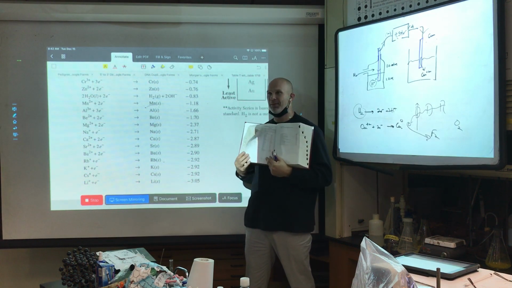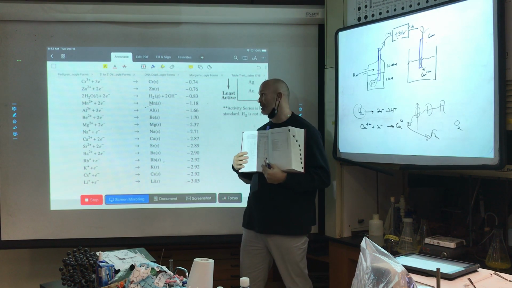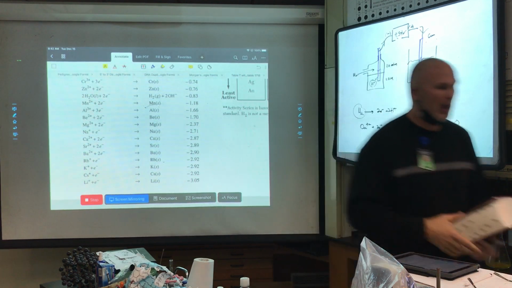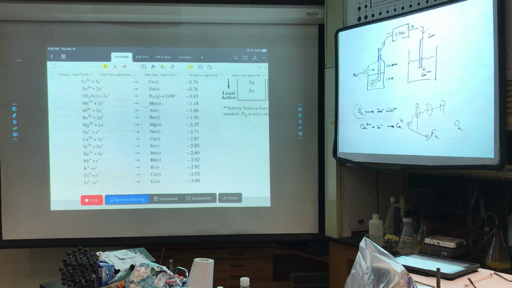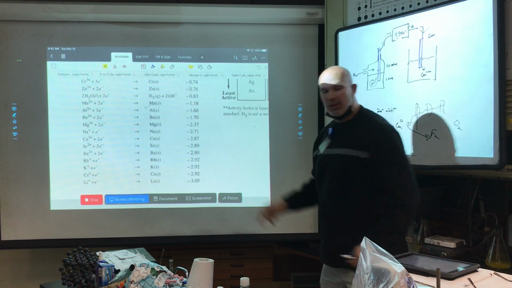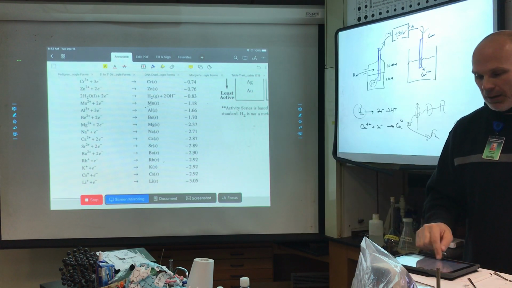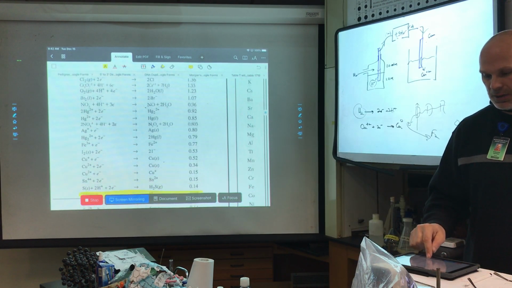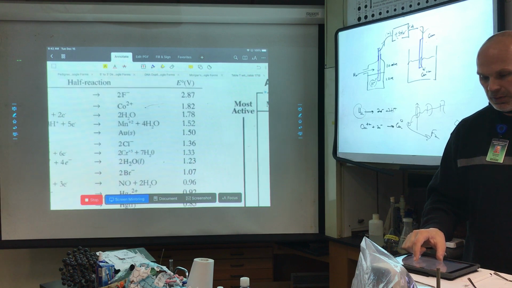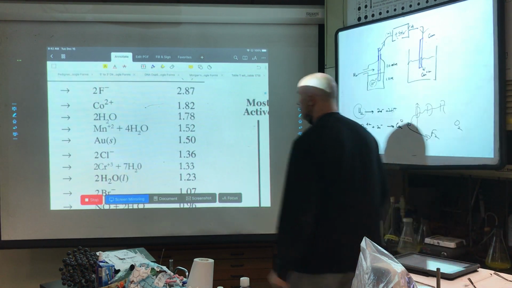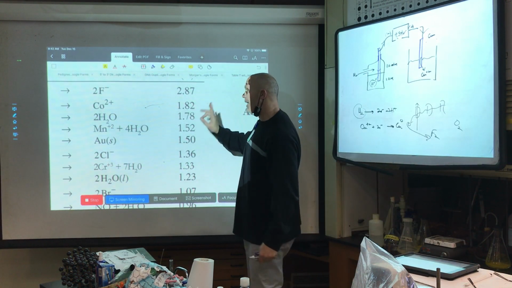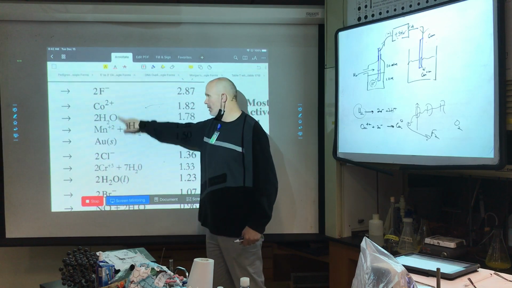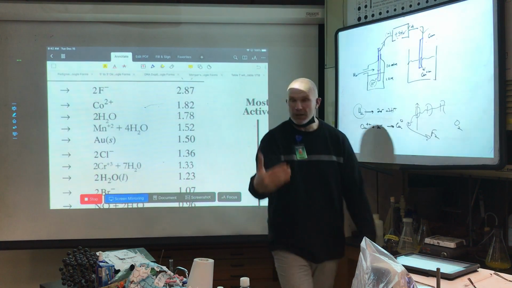Of this table. So there's a lot more to it than this. This is an abbreviated table. Okay? So in any case, all right, what metal on this list is the worst at oxidizing? Cobalt. Well, not cobalt, solid metal. Gold. Yeah, gold.